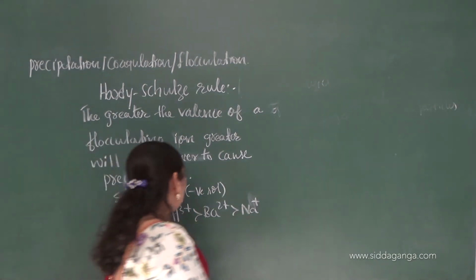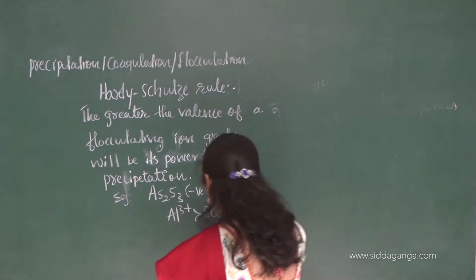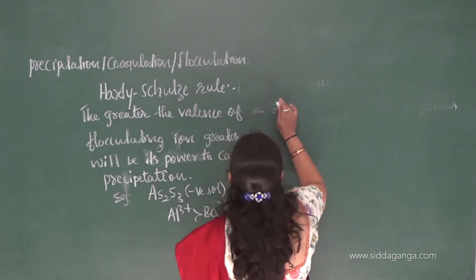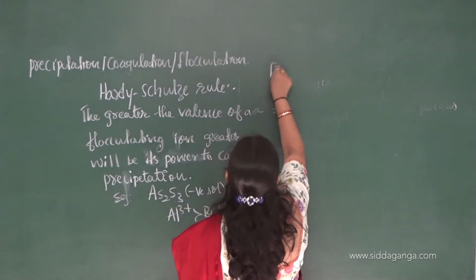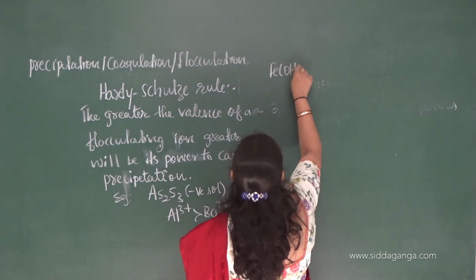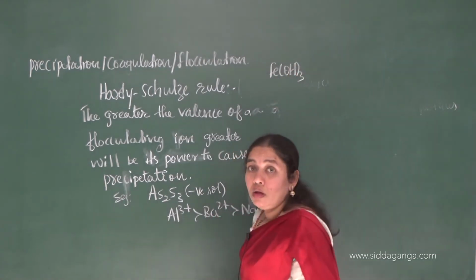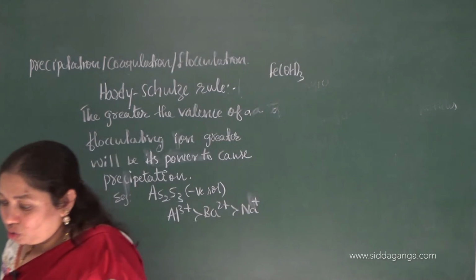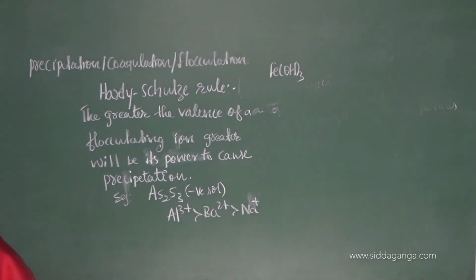Again, if you are having a positive sol, one more example, like a ferric hydroxide sol. For that ferric hydroxide sol, what are the flocculating ions we can take?